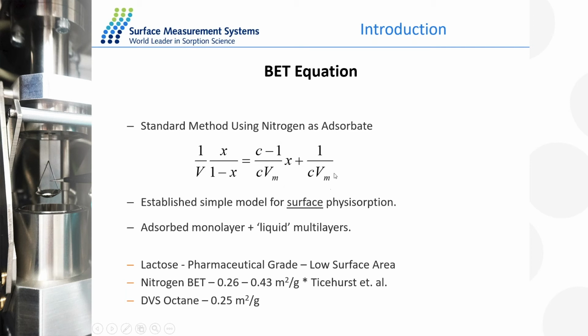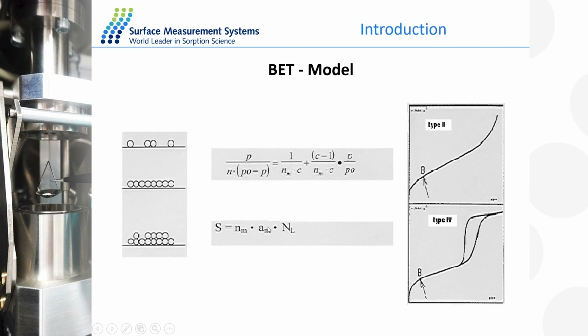And from the slope and the intercept here, we can then calculate the monolayer volume, the Vm, and the sorption constant, the C value, from the line. And with the cross-sectional area of the adsorbing molecules, we can then calculate the BET surface area of the solid sample itself. So it's very important to have a linear line to fit the BET model here.